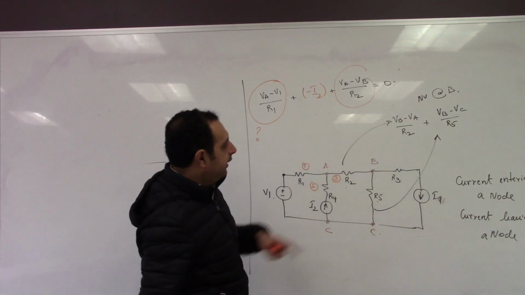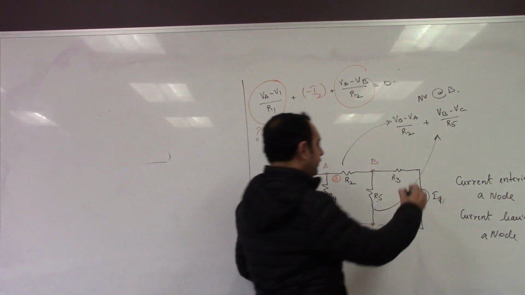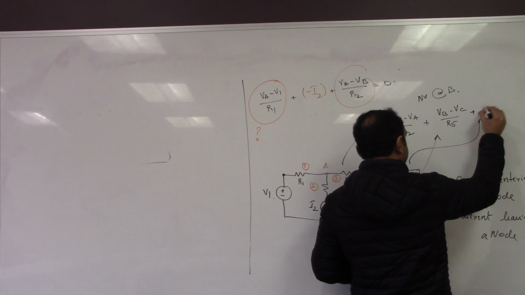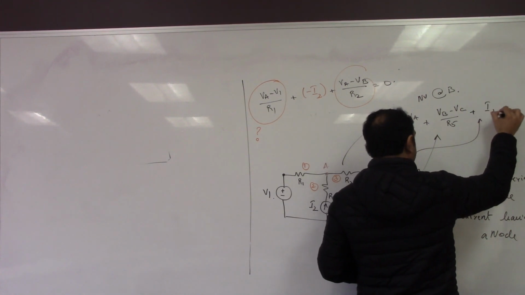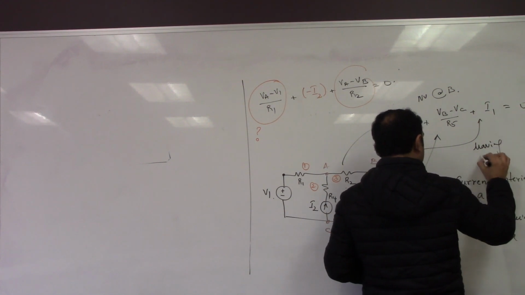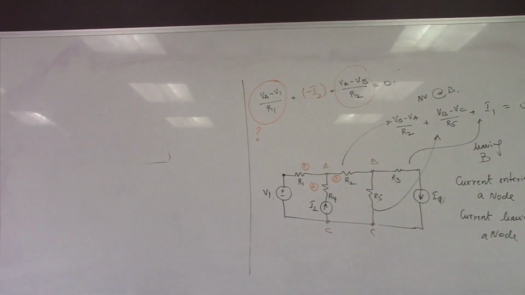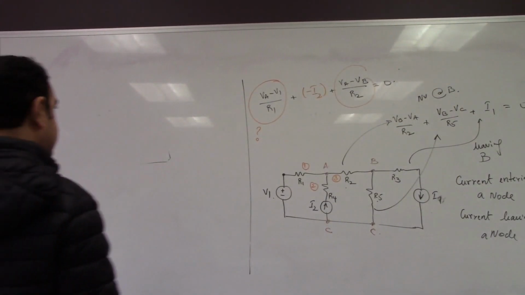And finally, this branch where you already have a leaving current, so you don't need to do anything. This branch will give us simply plus I1 because it's leaving the node. Since it's leaving B, you write it as plus. If it was entering B, you write it as negative.